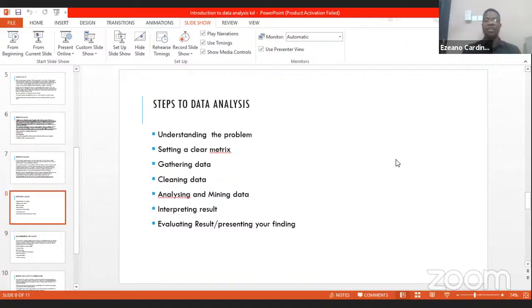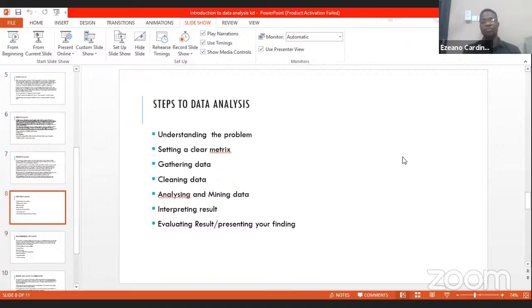The data analyst would have to take these steps. First, you have to understand the problem at hand. What is the company trying to achieve with this data? When you understand it, you set a clear metrics, after which you gather the data.